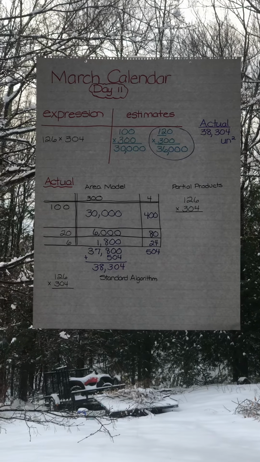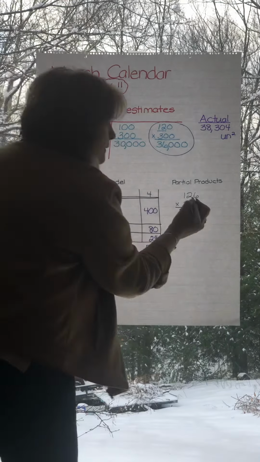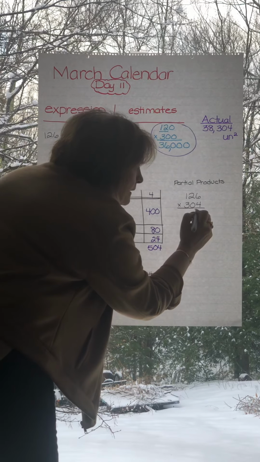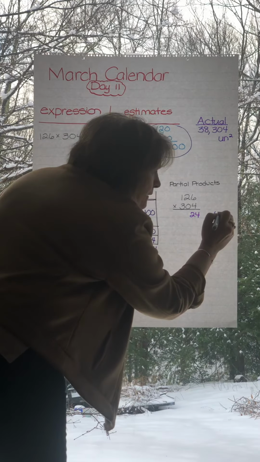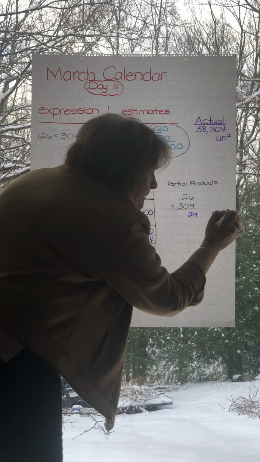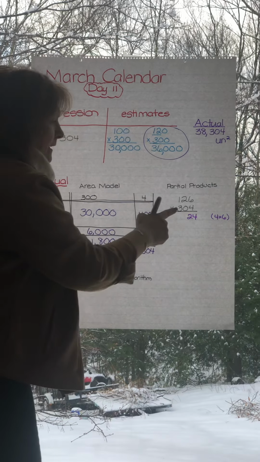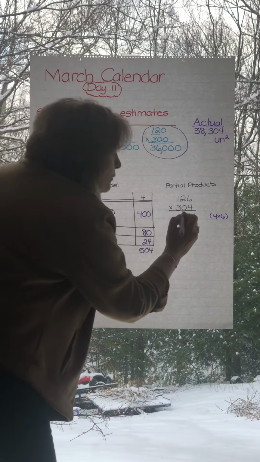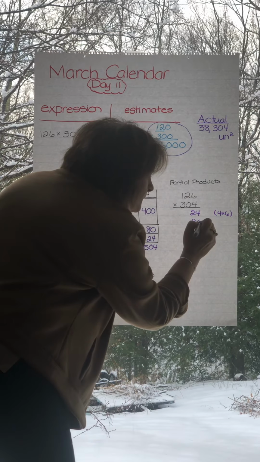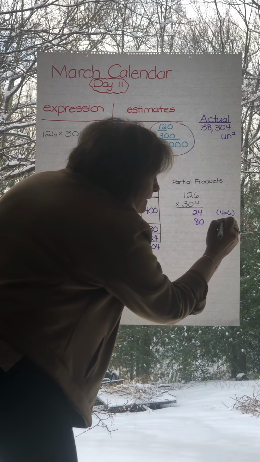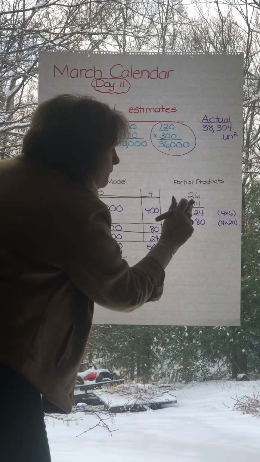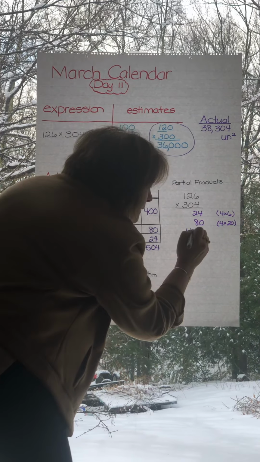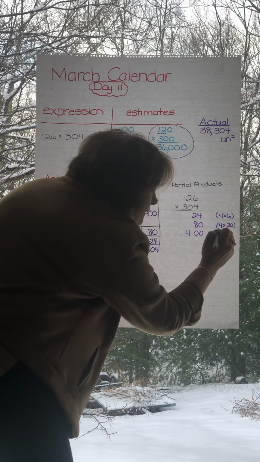If you were doing partial products, you would have said 4 times 6 is 24. And I know a lot of you then write the expression on the side. And then 4 times 20 is 80. And then 4 times 100 is 400.